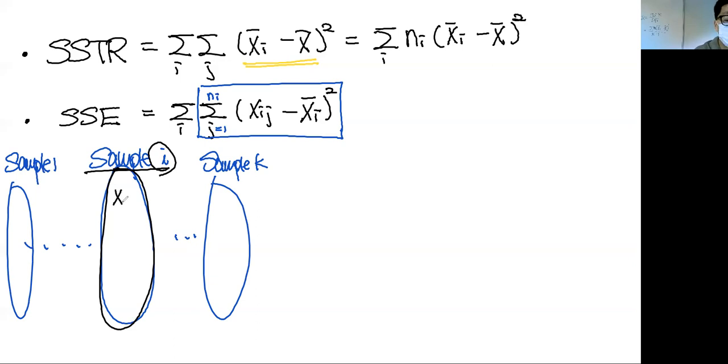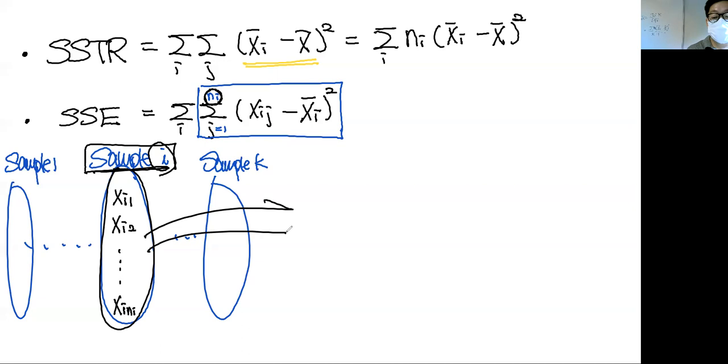Then we have xi1, the very first case in the sample i, xi2, the second case in the sample i, and the last one will be xi ni, because we have ni observations in each sample, okay? So just focus on the sample i. Let me take the variance. It's s squared. You know the notation?